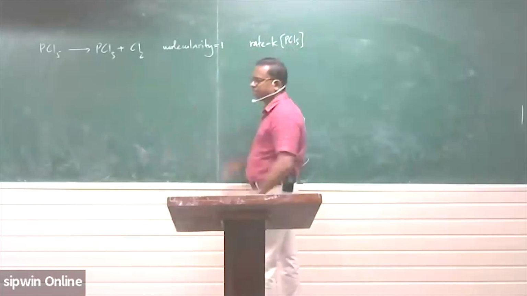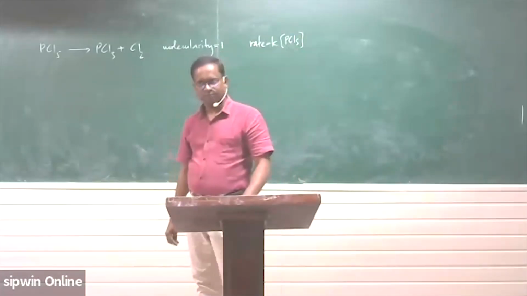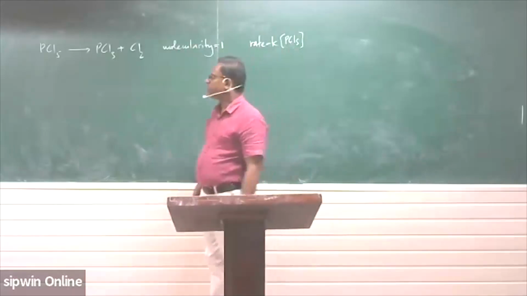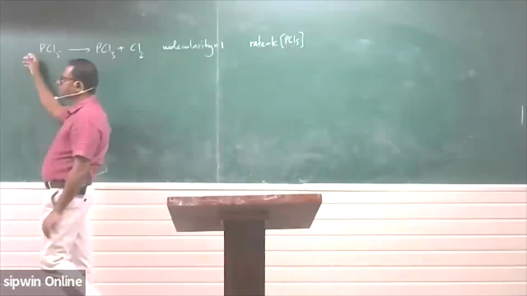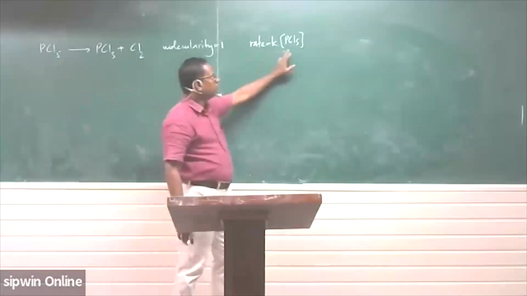Here I haven't given the physical states. Later, with the physical states, you can take it. Here I only took the ideas; when physical states are given, you should write them, even in the rate law here.